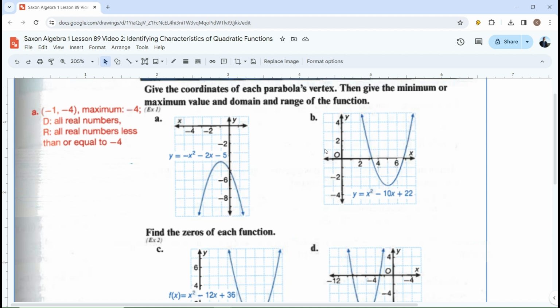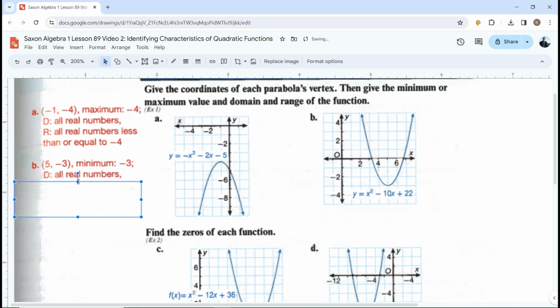Same thing. First of all, the vertex is at 5, -3. This one's going to have a minimum at -3 because it opens upward. So it's going to come down to a minimum value. Okay, so we know that those are true. Now, let's see what the domain and range of this one are. The domain is always all real numbers for a parabola.